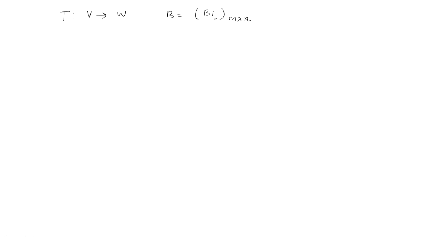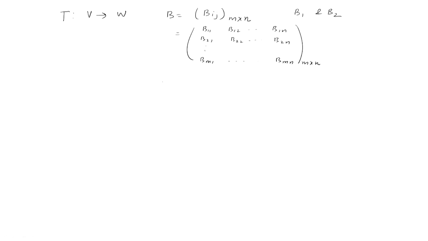That matrix is associated with a linear map corresponding to the bases B1 and B2, which are the bases of V and W. This matrix will be something like B11, B12 and so on up to B1n, then B21, B22 and so on up to B2n, and Bm1 and so on up to Bmn. It is of order m cross n.